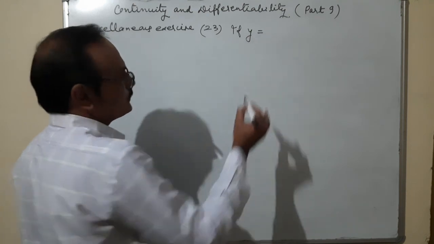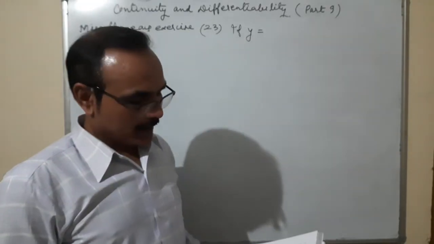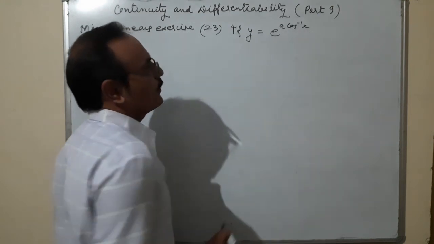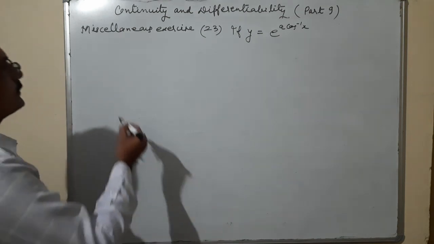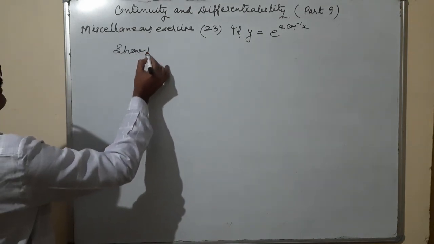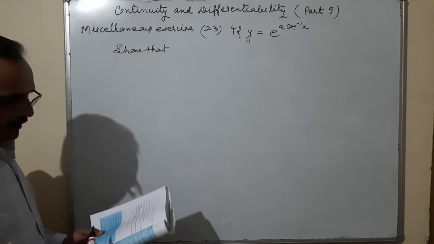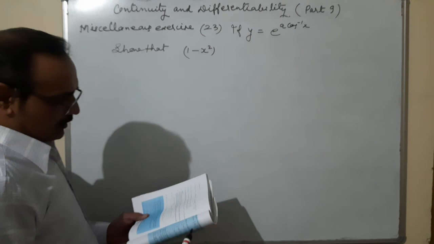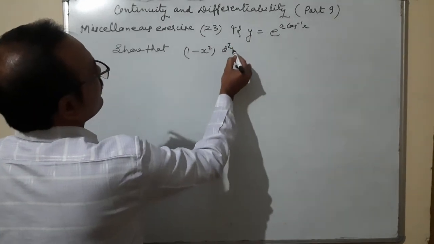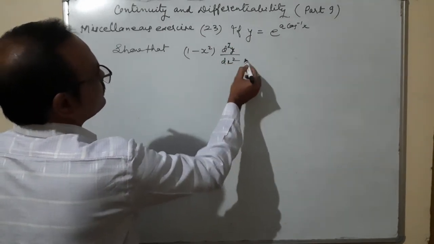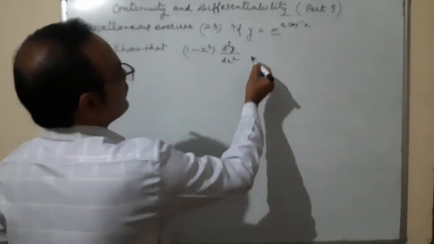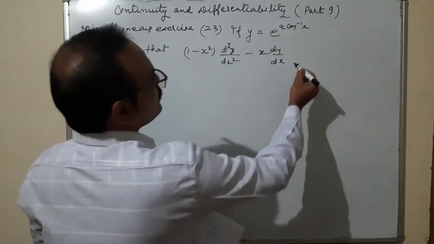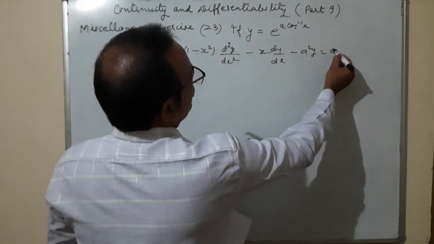If y is equal to e to the power a cos inverse x, then show that (1 minus x square) d square y by dx square minus x dy/dx minus a square y is equal to 0.